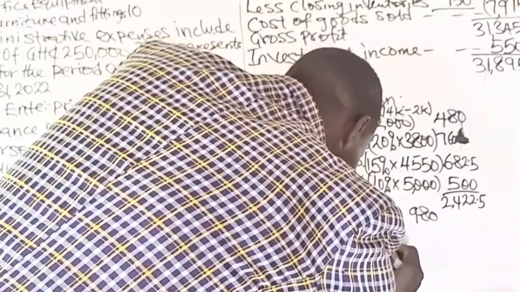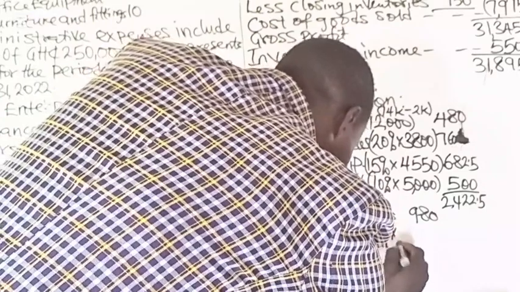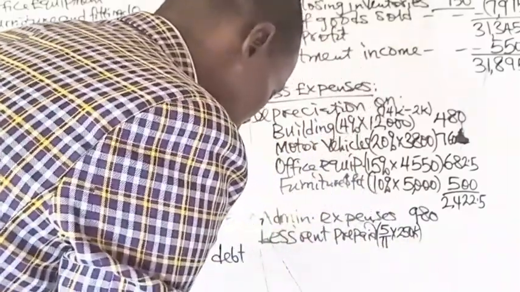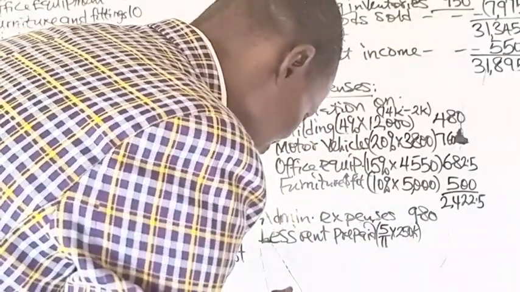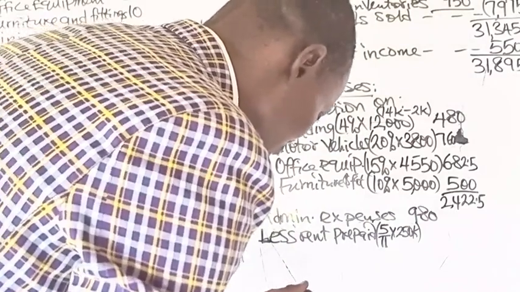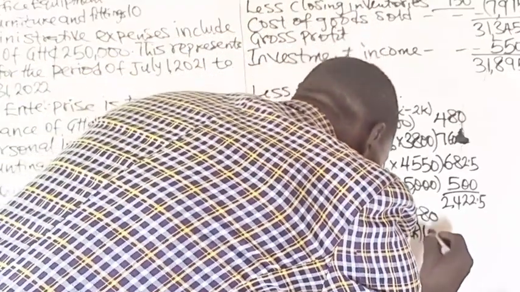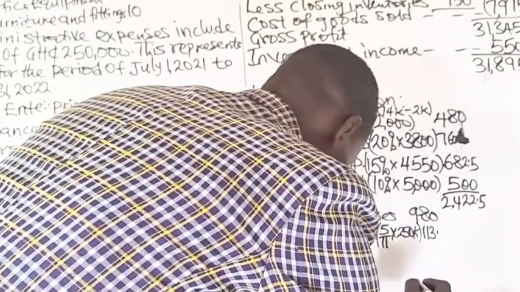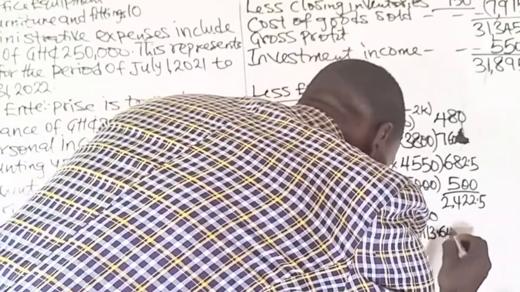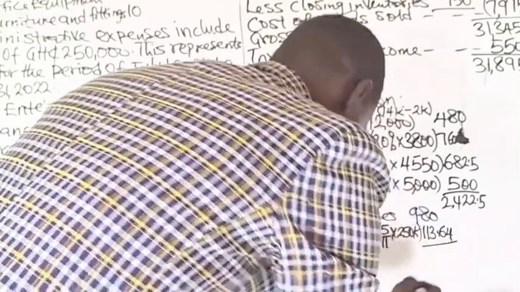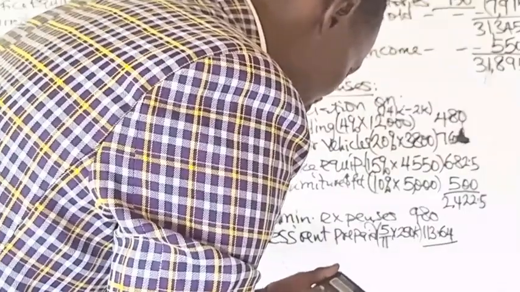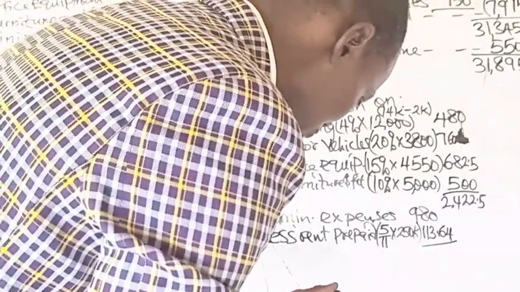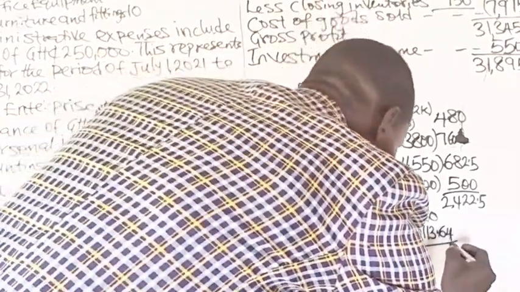And the rent for the 11 months period is given, times 250,000. So that gives us 250,000 times 5 divided by 11 months. That gives us 113.64. If you subtract that from the administrative expenses of 980, then you'll be left with a balance of 866.36.